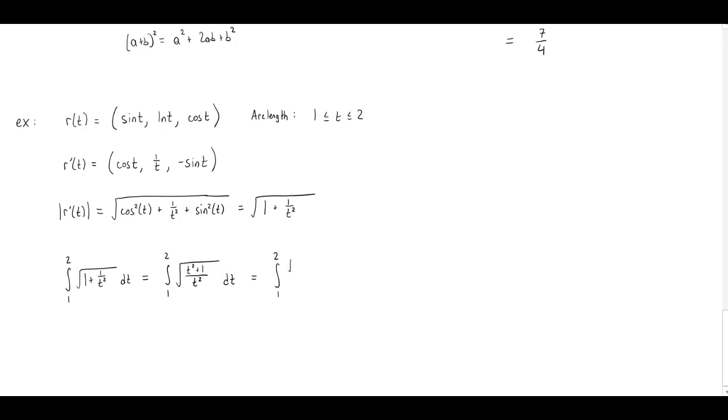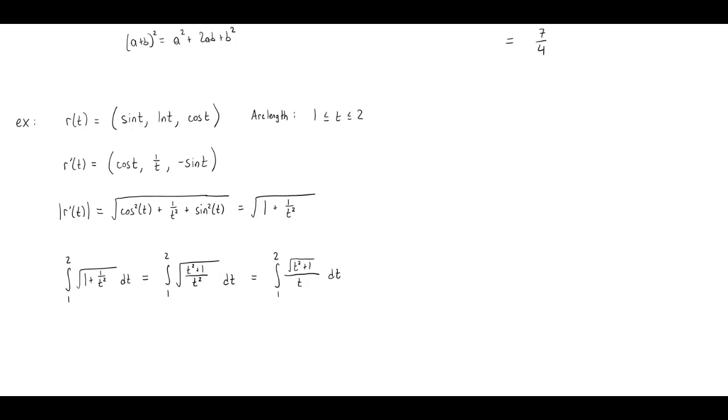So I'm going to simplify as the square root of t squared plus 1 over t. Okay? And at this point inside the square root, we still have 1 plus t squared.